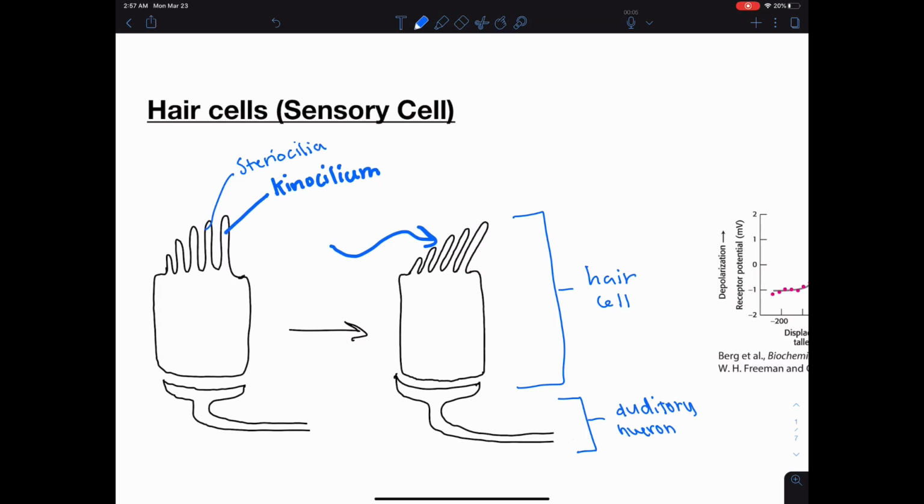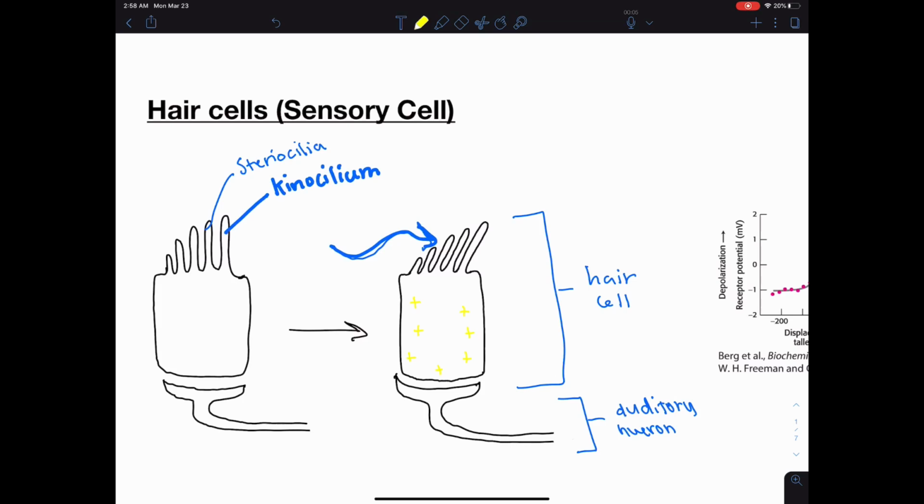And so when the vibrations transfer to the fluid, the fluid pushes over on the stereocilia, and when that happens, the stereocilia bend, and the cell begins to depolarize, so it becomes more positive, because ions flow into the cell, causing it to depolarize.